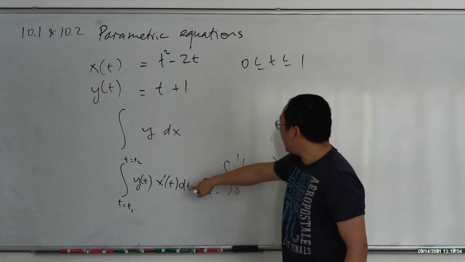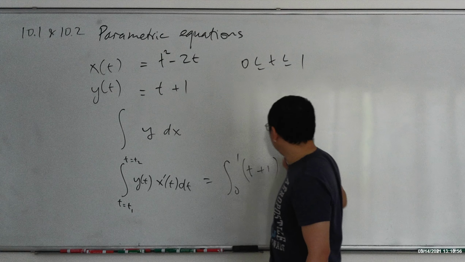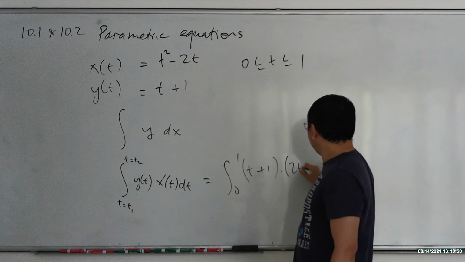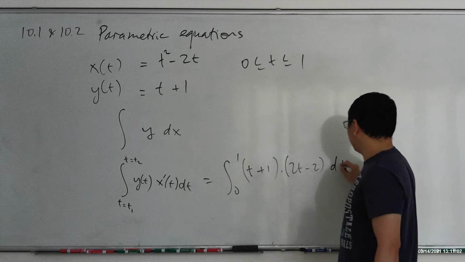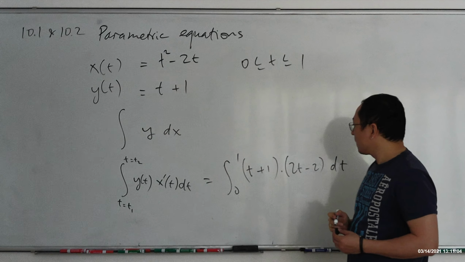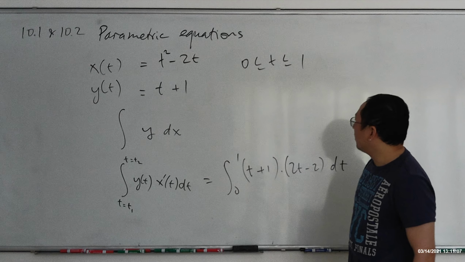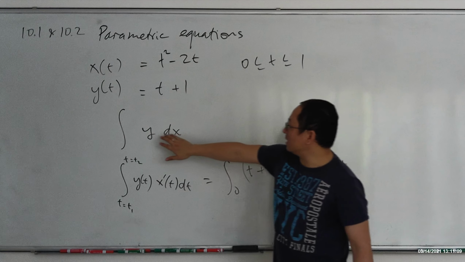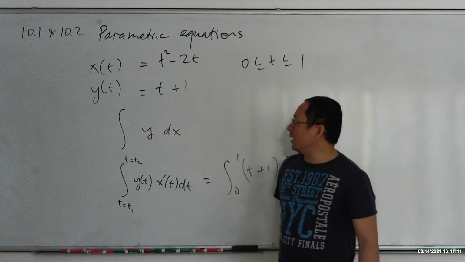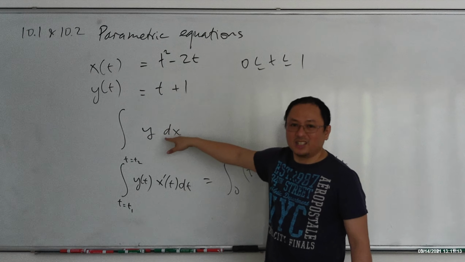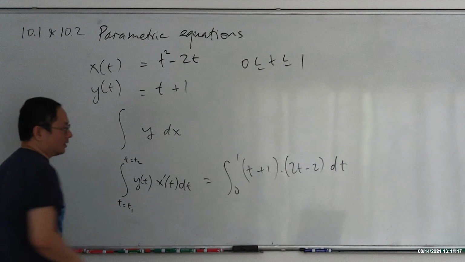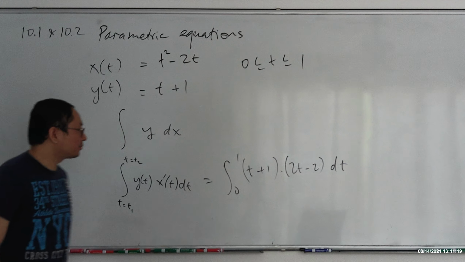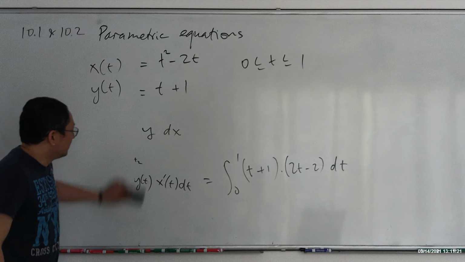What is x prime of t dt? X prime of t is 2t minus 2, you see? And then dt. And you integrate this from 1 to 2. Okay? And this is what we learned in Calculus 1, right? Integral of f of x dx, y dx. In terms of parametric, this is what we're talking about. Alright?